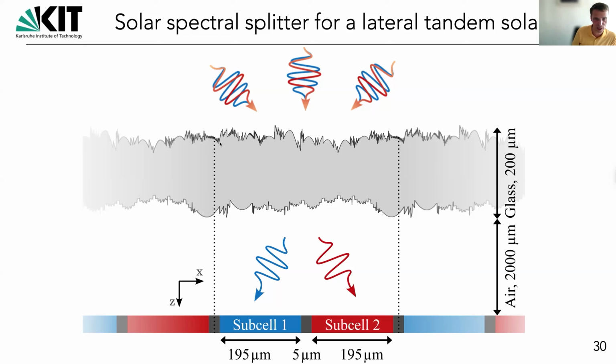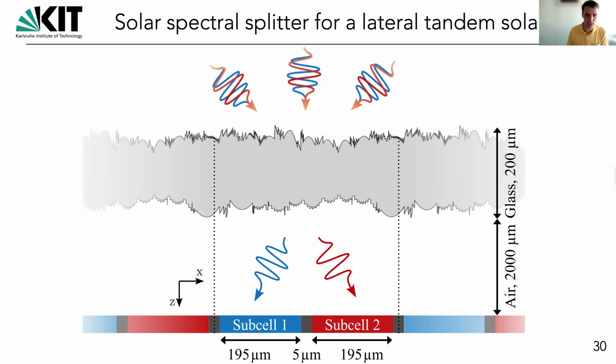So you can think about these structures as two meta surfaces, where the first meta surface diffracts the light, independent of the angle of incidence, into the forward direction, and the other meta surface then steers the spectral component onto one subcell and onto the other subcell.